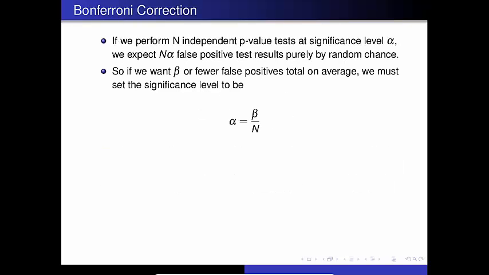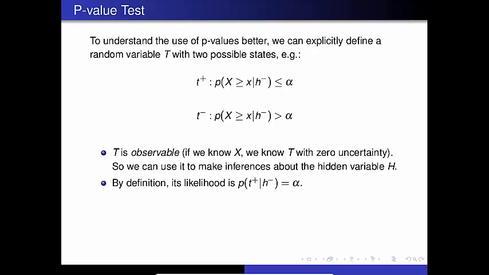A few more little details to bear in mind. What if we apply this test not just to a single value of x, but to multiple values of x? So this would be like doing n independent p-value tests on n different values of x drawn from our data set. So remember that the false positive rate expected under this definition, the probability of getting t plus given H minus, is just alpha.